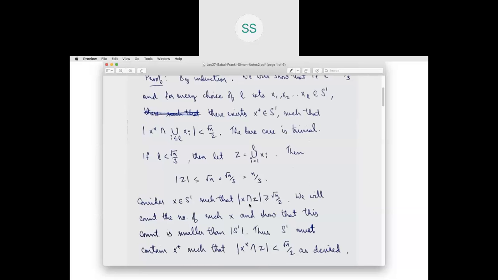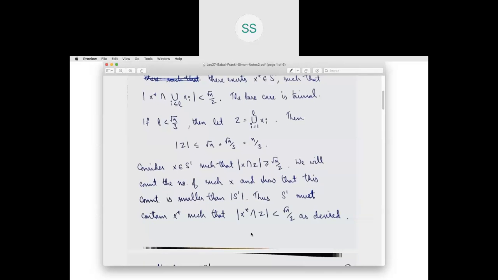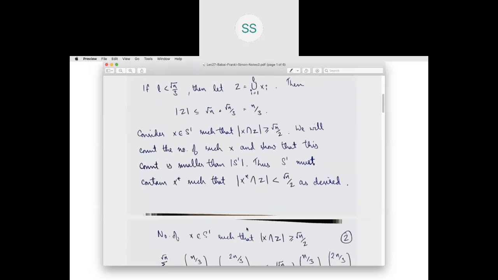But even when we enumerate all such x's, the total number of such x's is strictly less than the size of S prime. So that means that there are other elements in S prime that don't satisfy this condition, and these elements will be the chosen x star. Right? That's what I have written here. And that x star could be added, and that will satisfy this property. Okay.